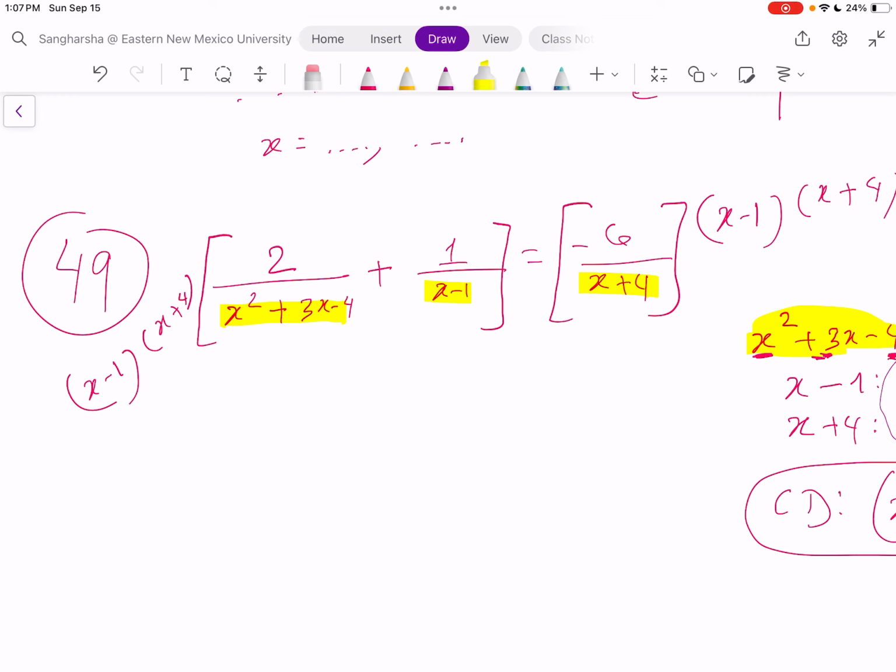Now on the left side we have a common denominator, and inside the parentheses we have two expressions separated by positive, so you need to distribute this common denominator for each expression. Let me rewrite this.